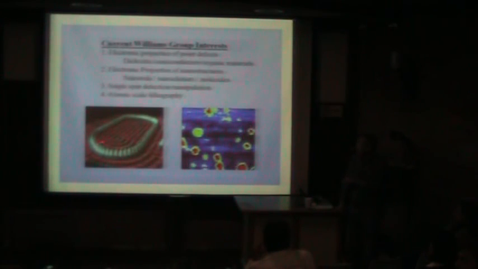This technique is so useful on conducting surfaces, either semiconducting or metallic surfaces. We are now doing similar kinds of images on completely non-conducting surfaces. So this is an image of trap states on actually hafnium silicate, which is a dielectric.